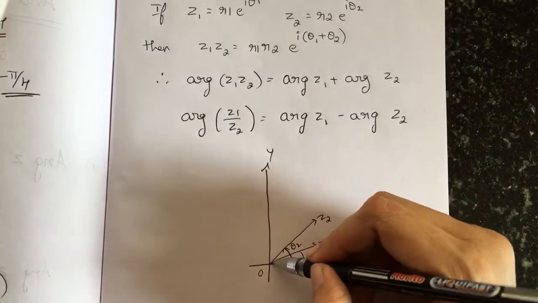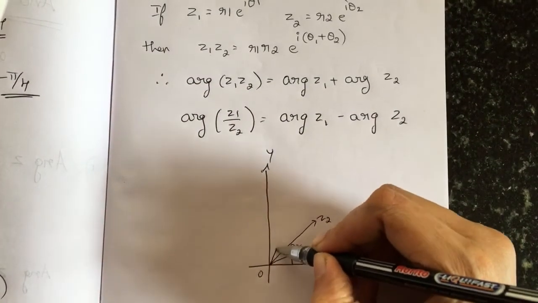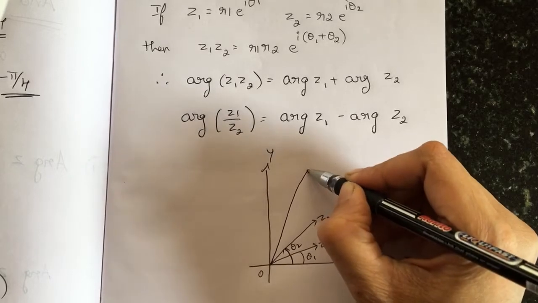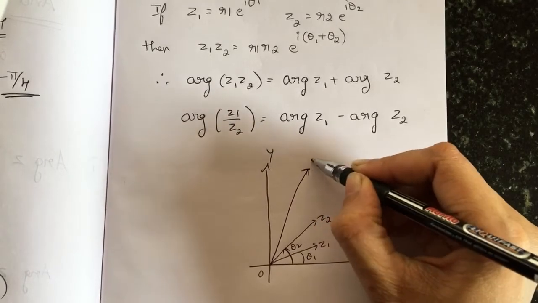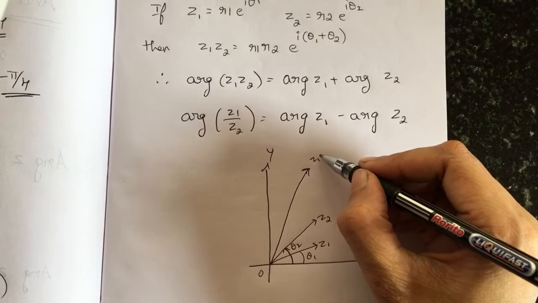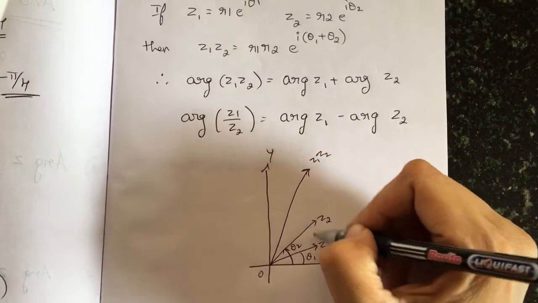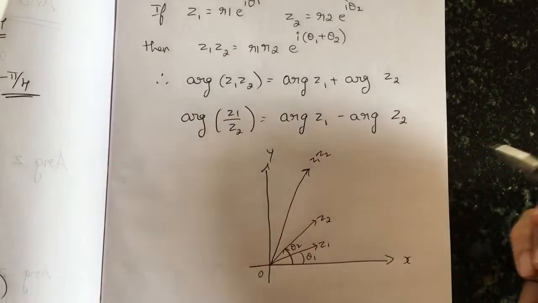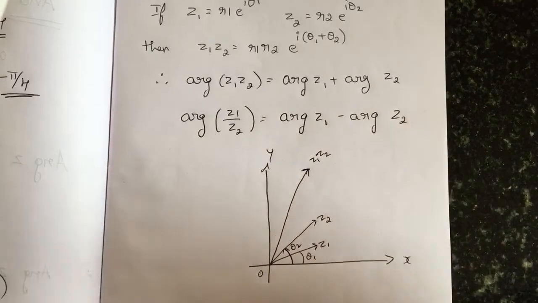Then z1 z2 will be somewhere here, which makes an angle theta 1 plus theta 2, right? That we know. This angle is theta 1 plus theta 2.